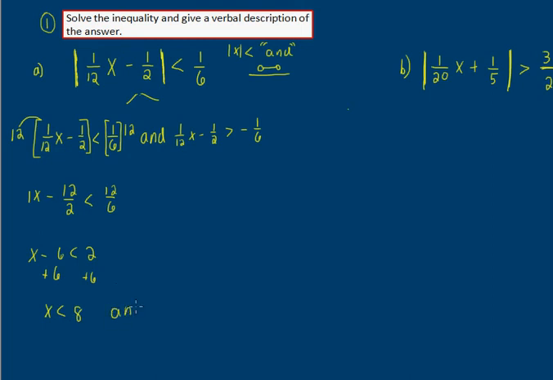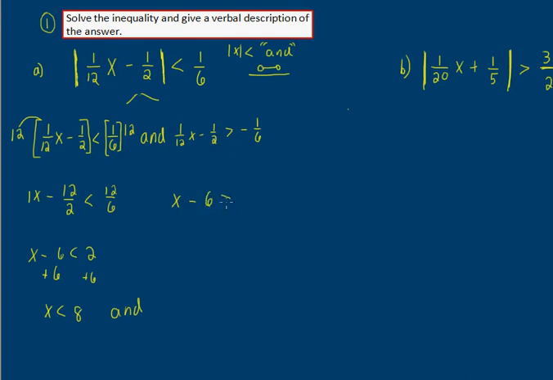And so x is less than 8, and we need to do the same thing over here. If I multiply through by 12, the only thing that's going to be different from this equation to this one is I'm going to have a negative 2 right here. So I multiply through by 12, this still becomes 1x, minus 12 over 2, which is just 6.